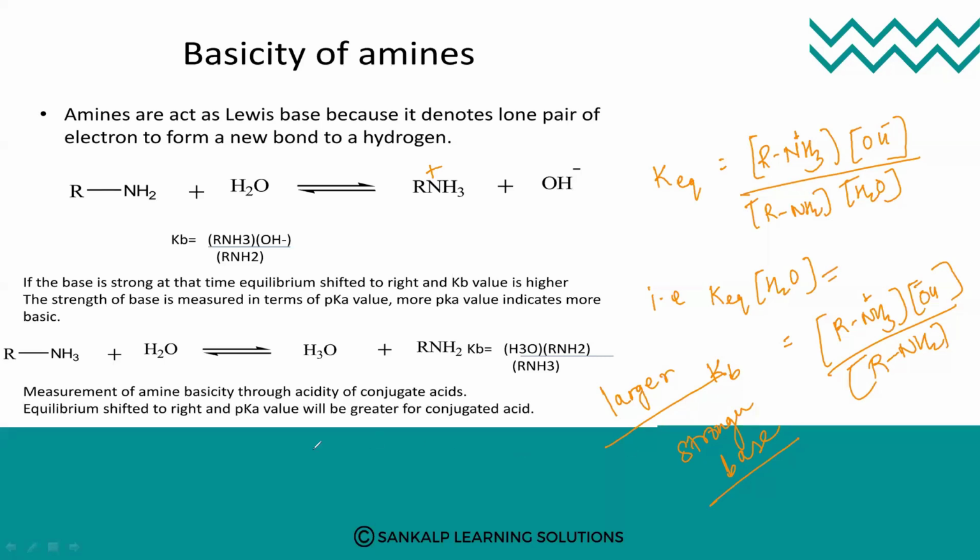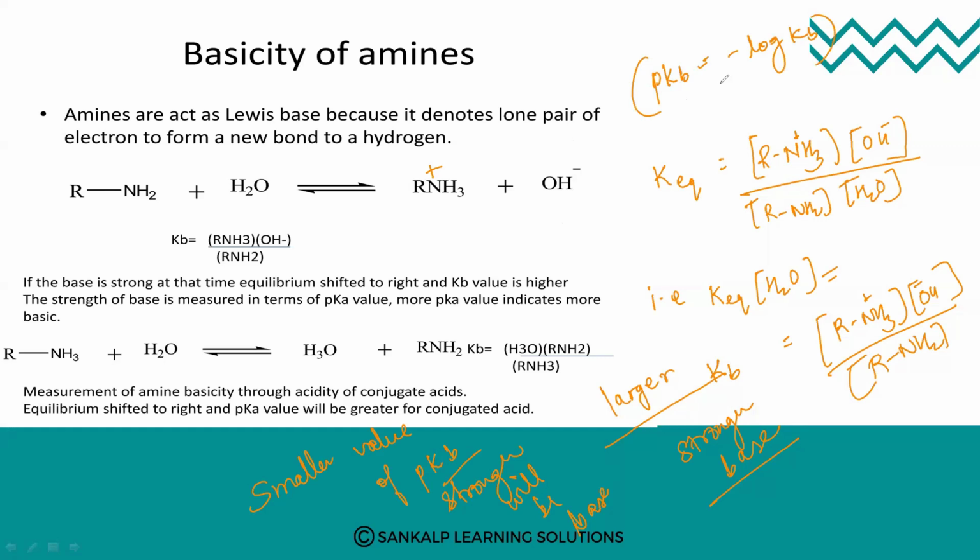And the smaller the value of pKb, the stronger will be the base. Why? Because we know that pKb is equal to minus log of Kb.